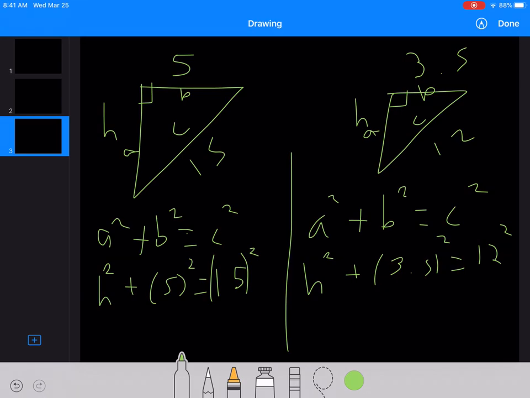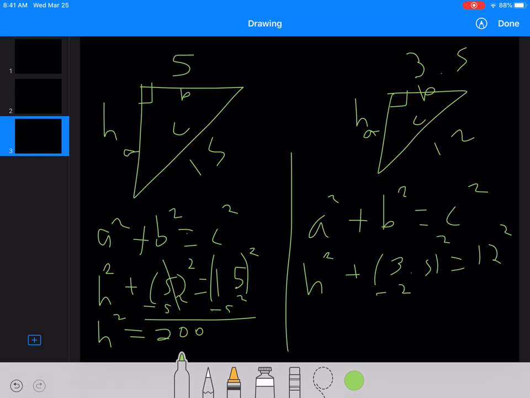All right, so when we subtract 5 squared from both sides, that's going to cancel, and h squared will actually end up equaling 200.